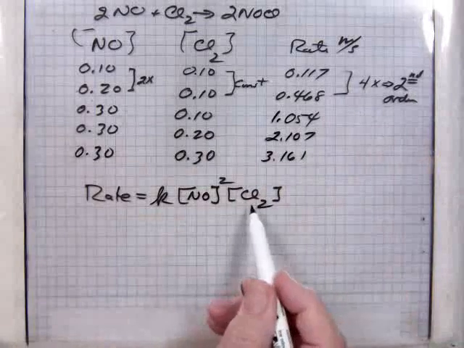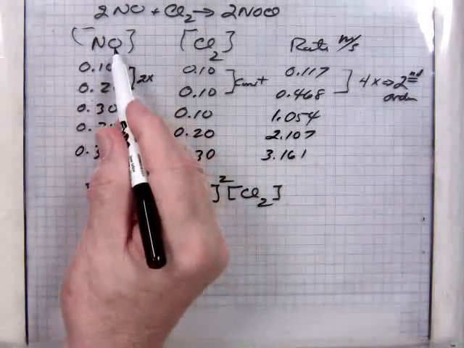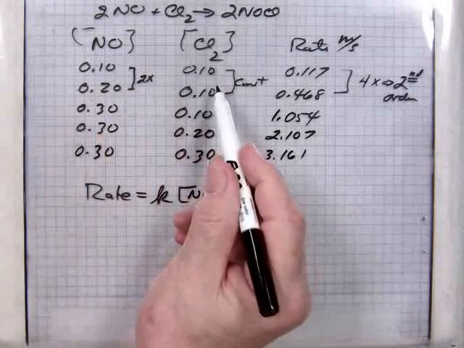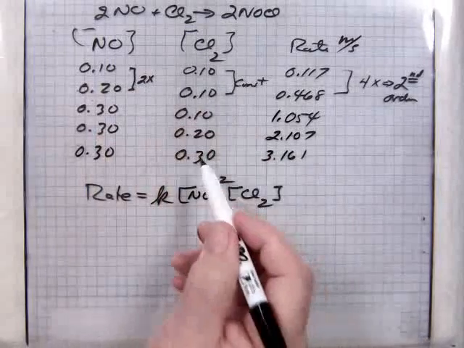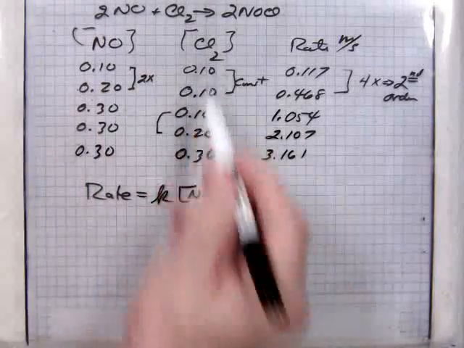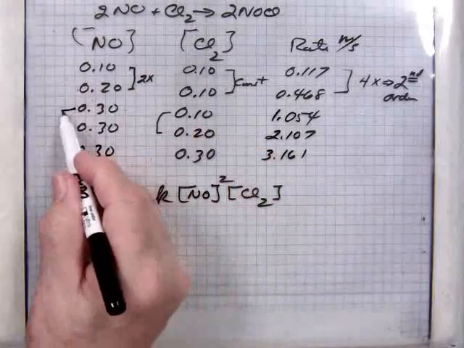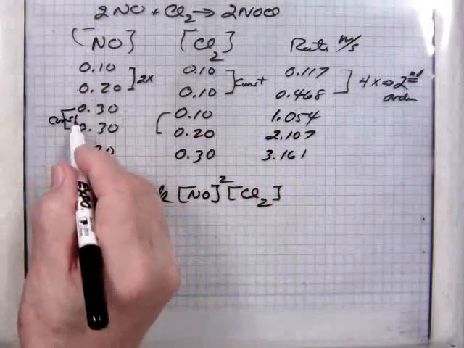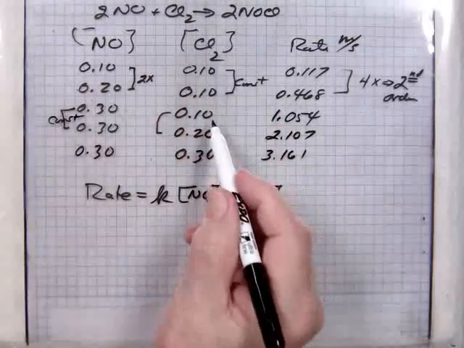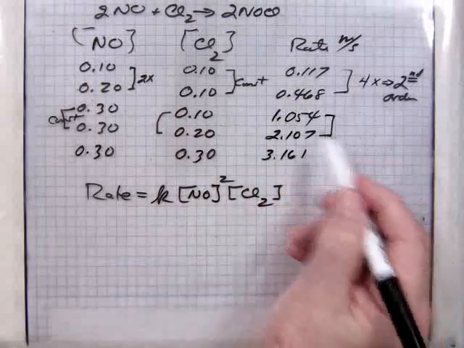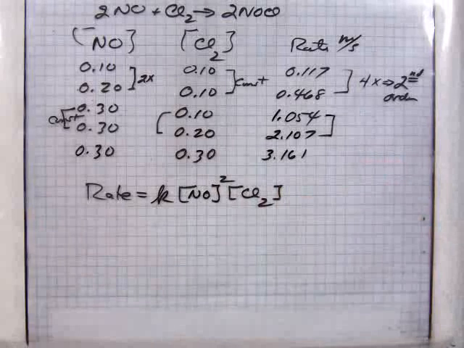Then we hold this one constant, the NO, and vary the chloride. I look down here and I see a doubling of concentration on the chloride, while at the same time we keep this constant right here. So when we double this concentration, we see a change here. What is that? That looks like a 2x to me.